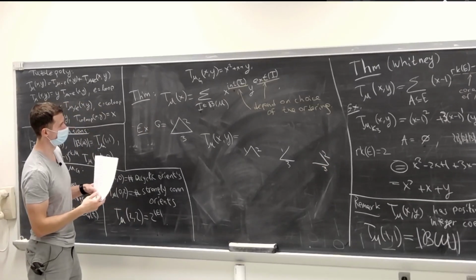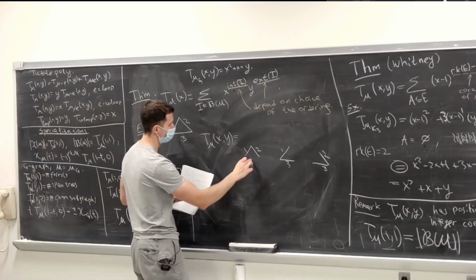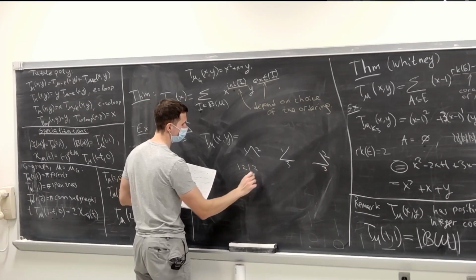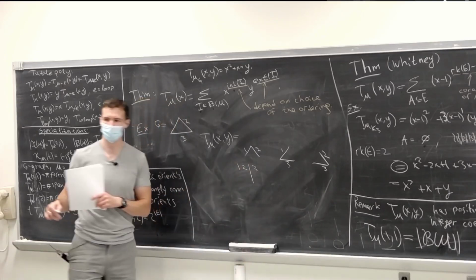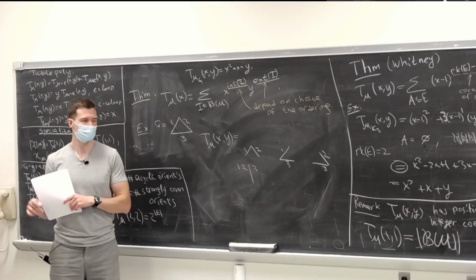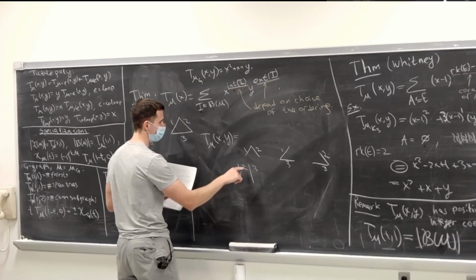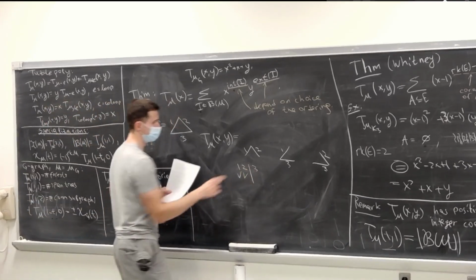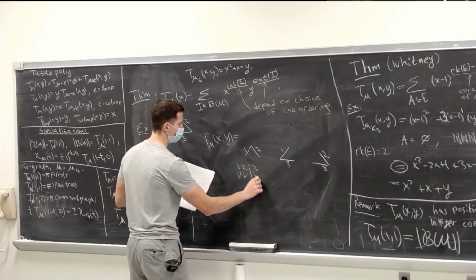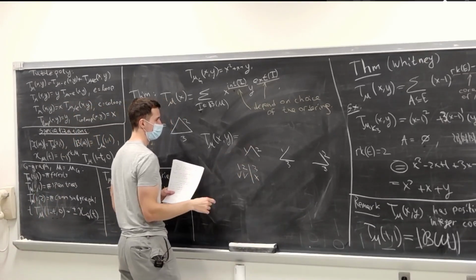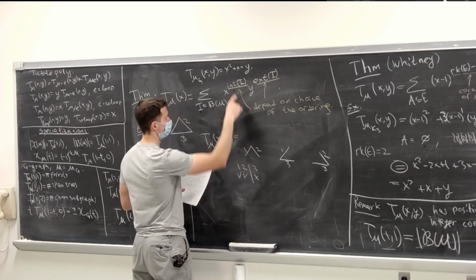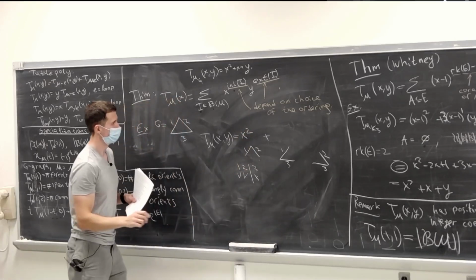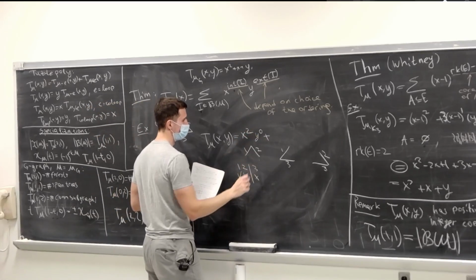And then I need to compute, let's say for this term, internal activity and external activity. So is 1 internally active? Yes, 1 is always active. Is 2 internally active? Is 3 externally active? No, because you can replace 3 with one of these guys and still get a basis. So therefore, this gives me x squared times y to the 0.